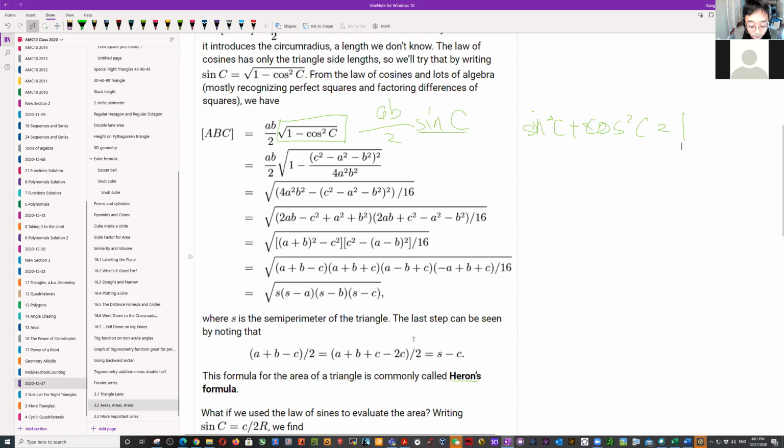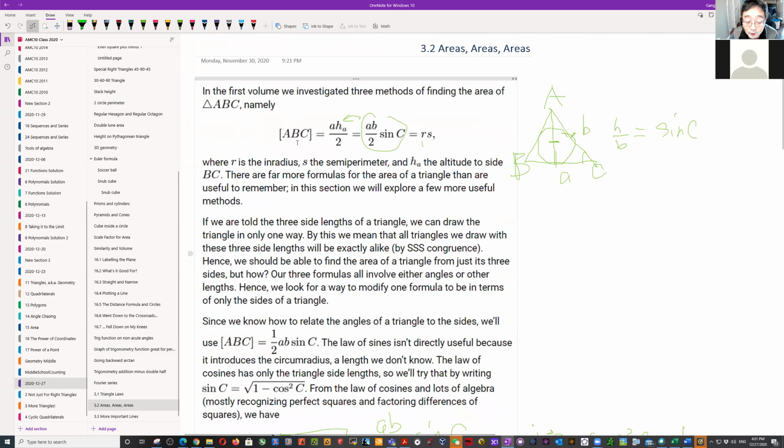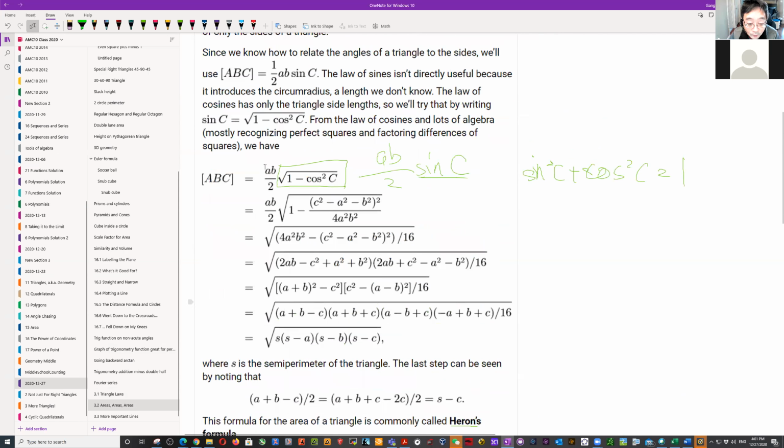That's a theorem discovered about 2000 years ago. People already knew that. So Heron's theorem uses the law of cosines to calculate it.